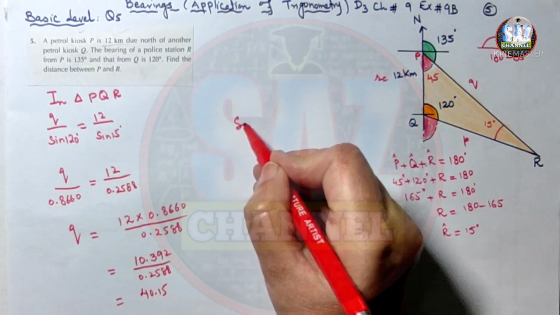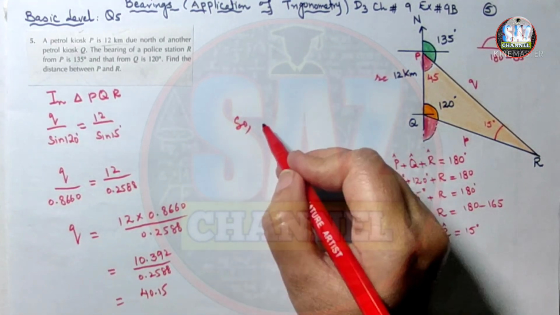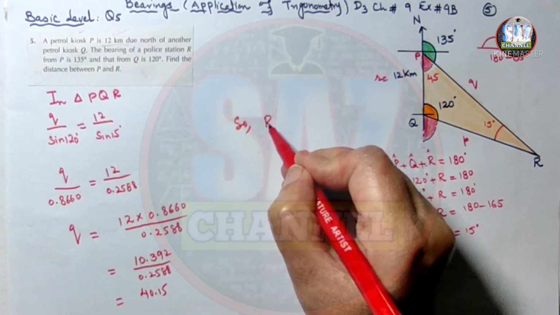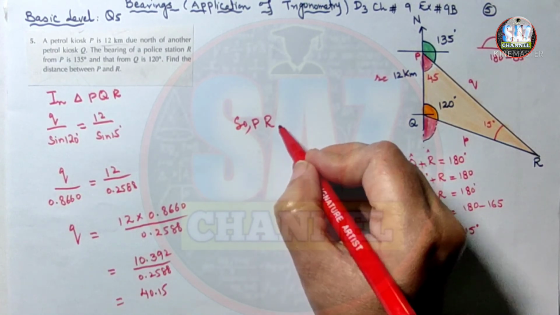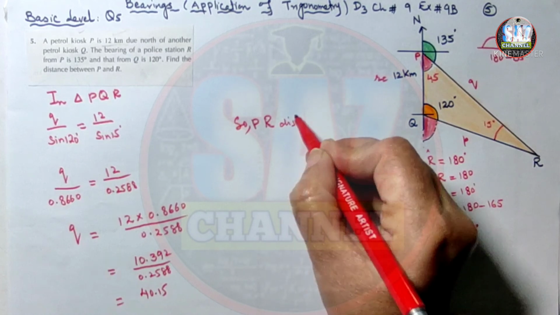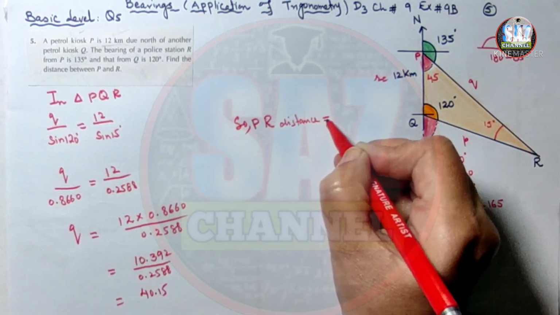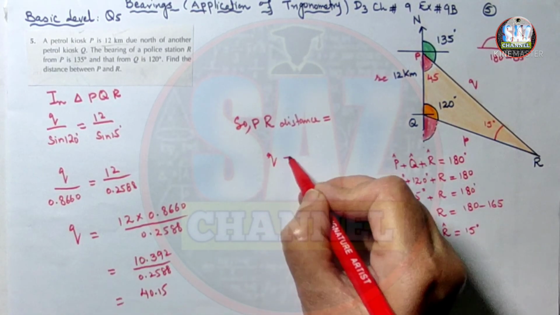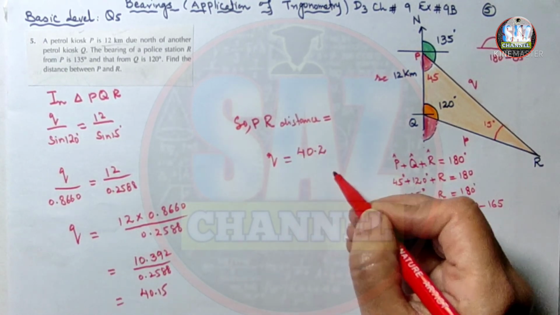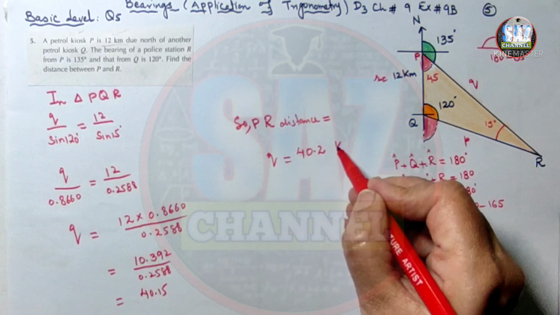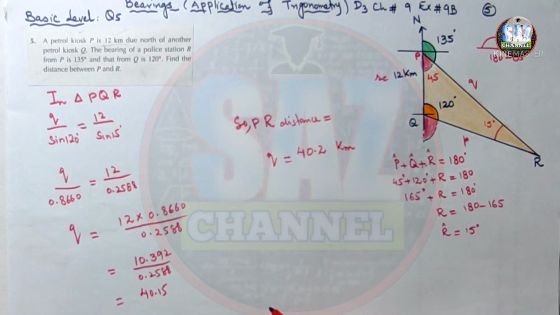So q, which is actually PR distance, will be equal to 40.15, which is approximately 40.2 to the nearest 3 significant figures.